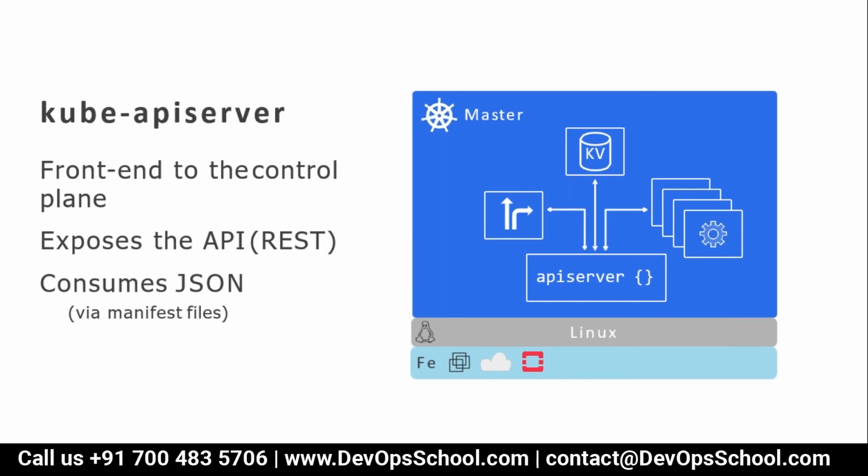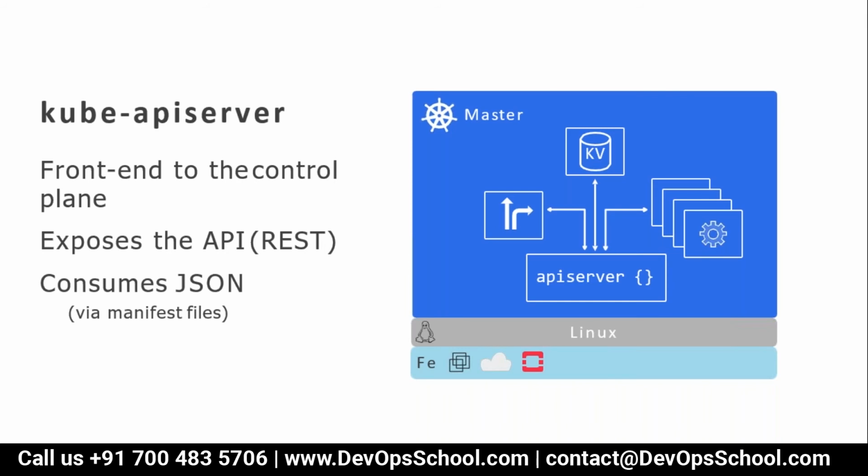How can you access this API? The API server exposes REST APIs, so you can access it through HTTP also. You know REST API very well; those who have no understanding of REST API, please go and study a little bit of it. Now, how do you send a request to the API server? Most of the APIs exposed in the world consume JSON, because it's fast and very reliable.